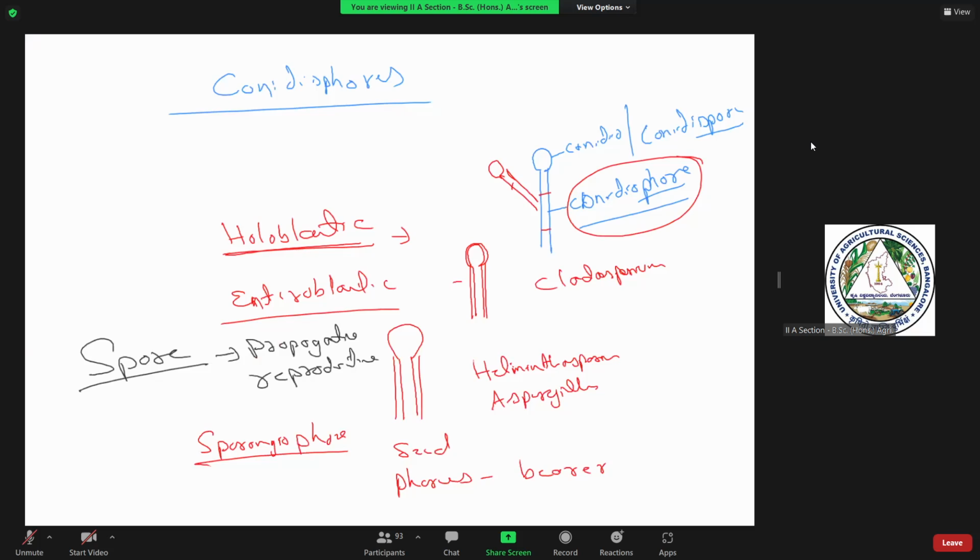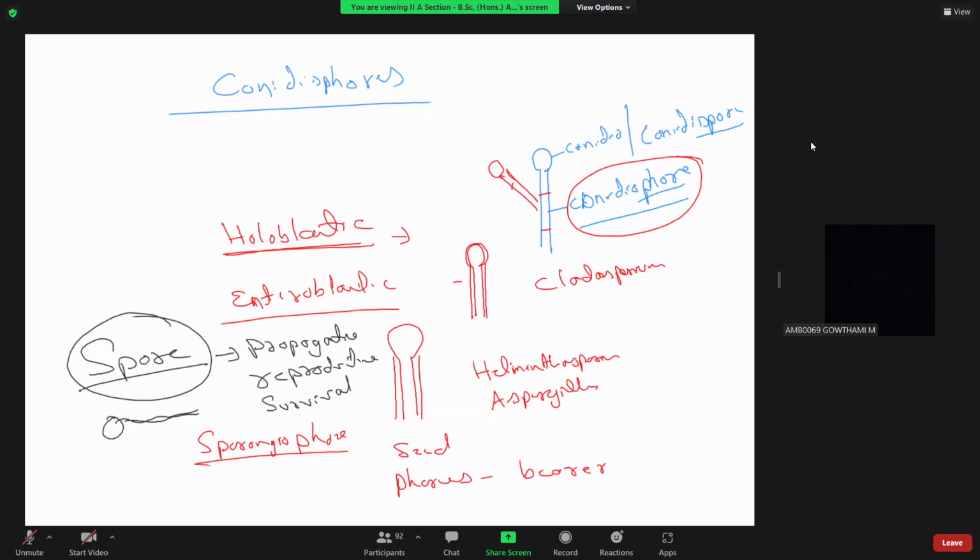Also they are survival units, able to survive for a longer time even in the absence of the host. They can separate from the hyphae or a sporangiogenous cell and grow independently; they germinate and produce hyphae.